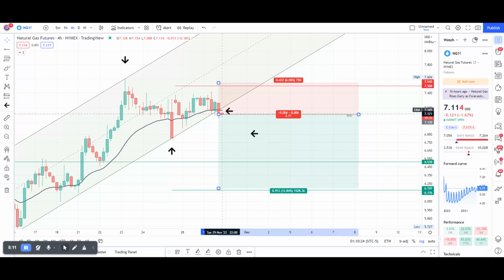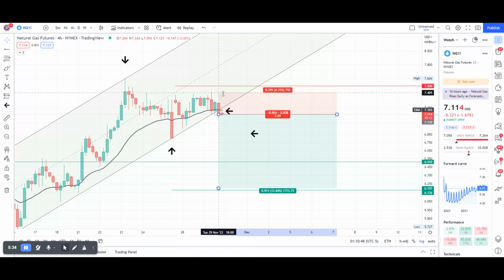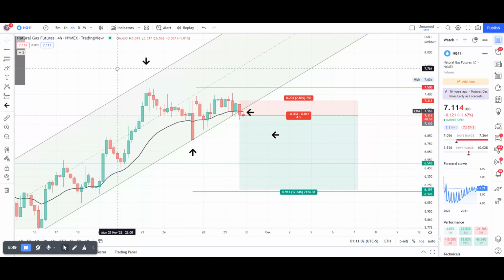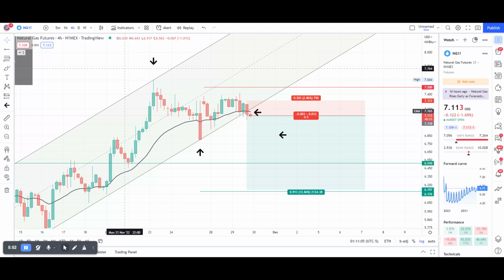So in summary, 2 to 1 is usually, or some go to 1.5 to 1, the very minimum reward versus risk you want to go to, and you need to look at it in terms of how it relates to your probability to win. Regarding nat gas, it does look like a short. One could say, okay, I can go to this stop because if it gets to the 7.313 in this case, then it means that price is going back into this channel and my setup is being invalidated.